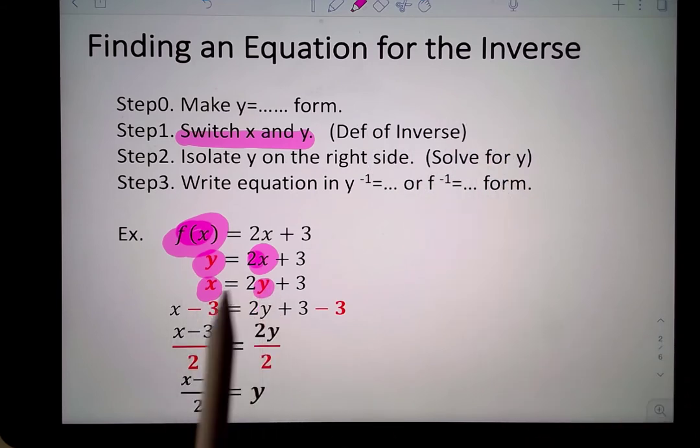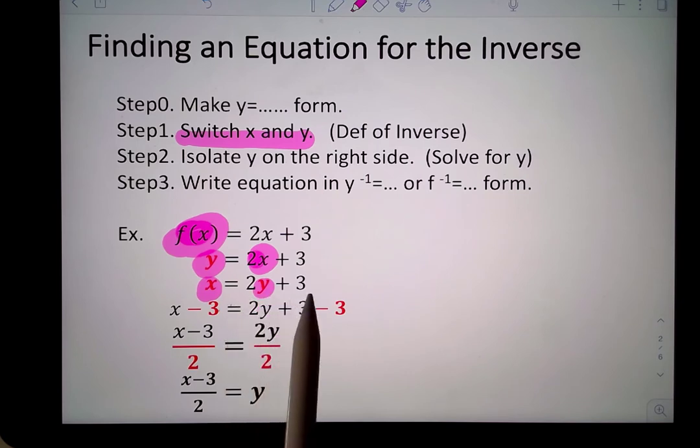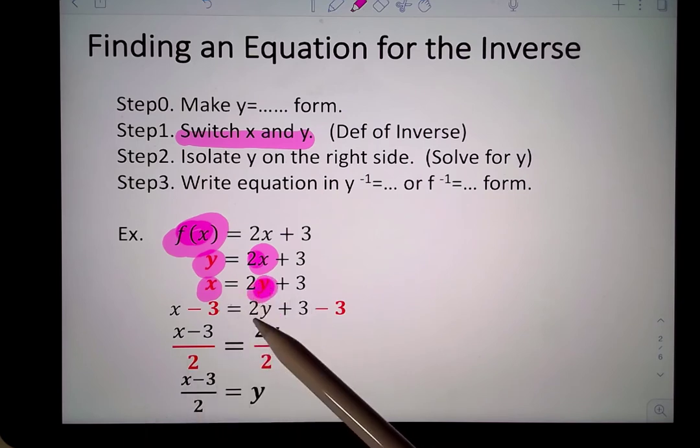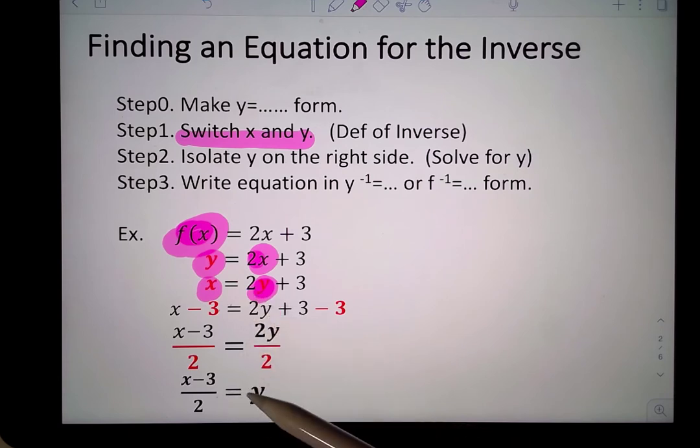And once you get x equals 2y plus 3, then you see this y, we solve it for y. That means you need y on one side. So you cancel the same thing on the same side with y. So you need to cancel this 3, right?